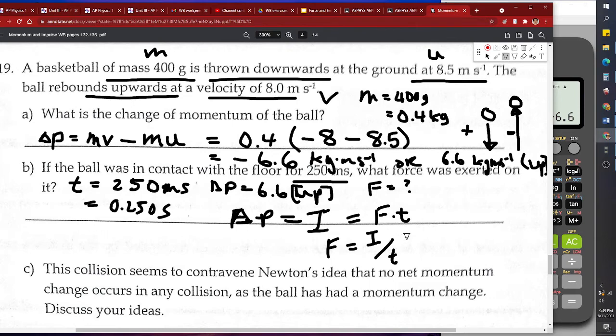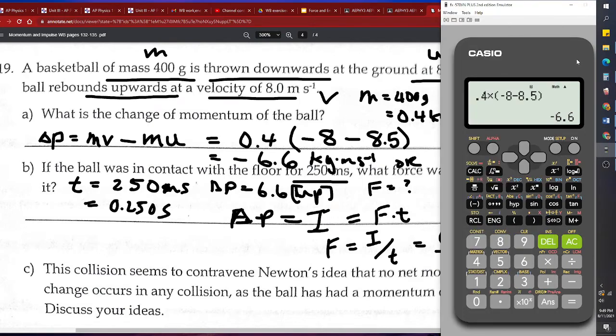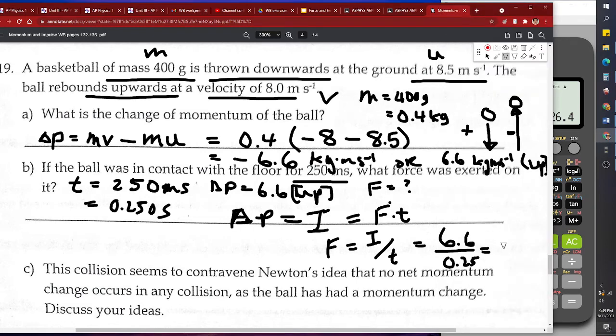So 6.6 divided by 0.25, and that tells me it's up again. We could include the negative if we wish, but in hindsight, I should have made up positive. So it's 26.4 newtons, and that's up. That's the floor exerting force on the ball.